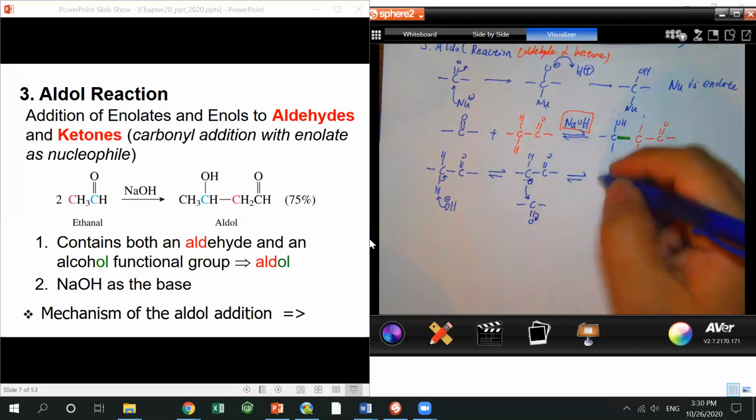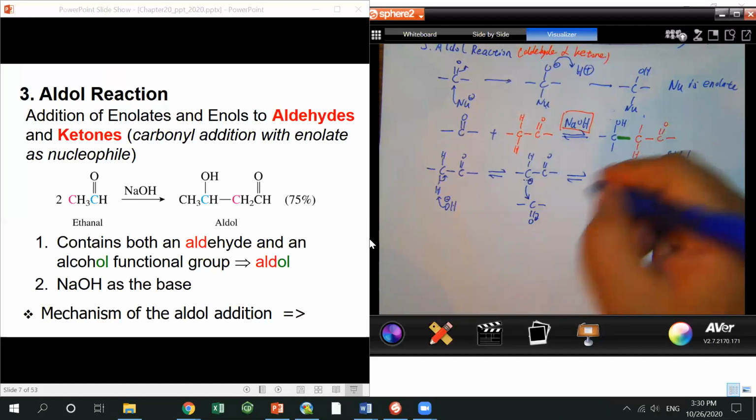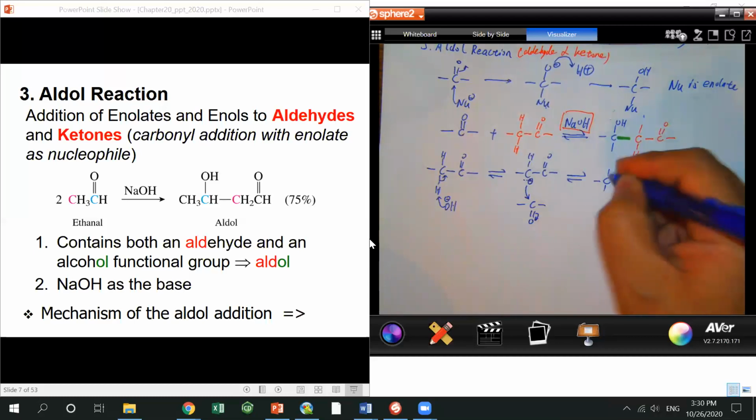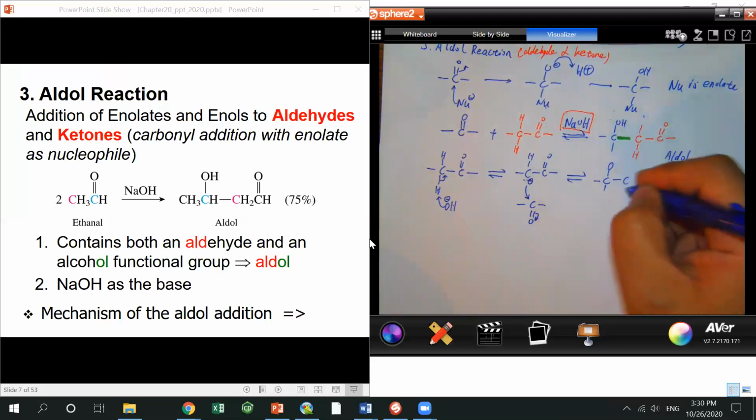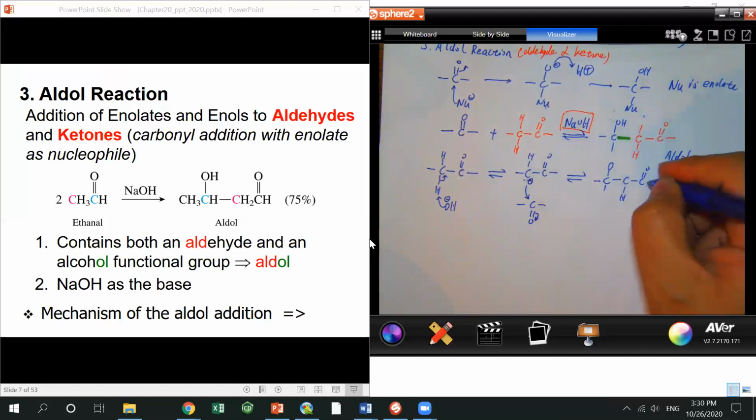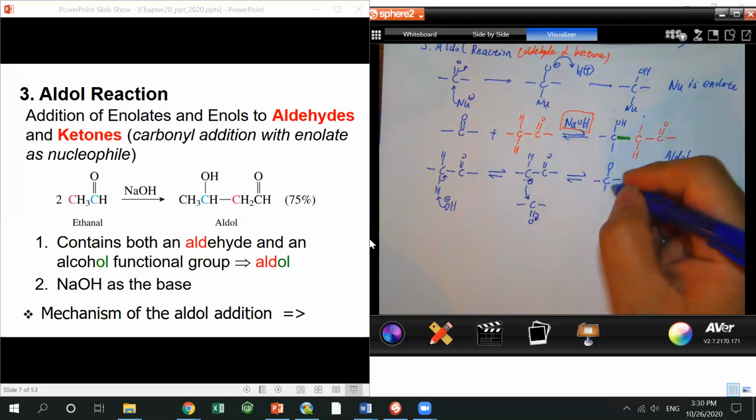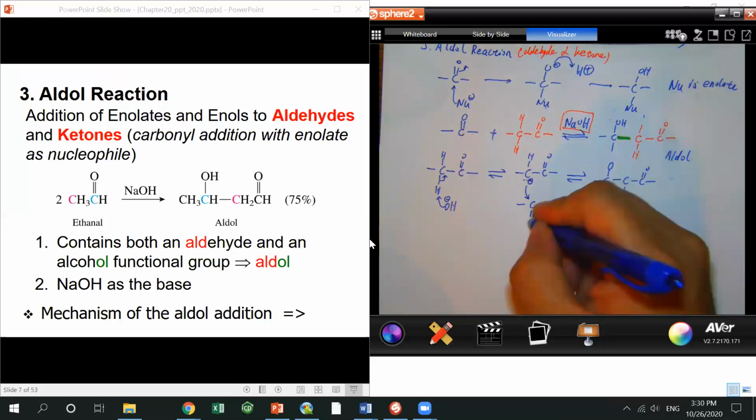And then you open the C=O bond. I draw this part here, and draw the lone pairs.